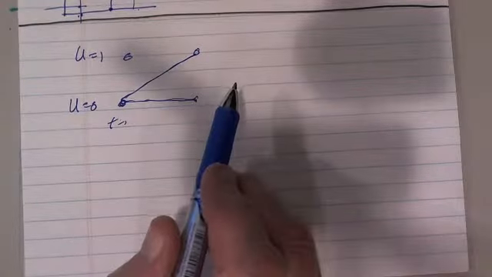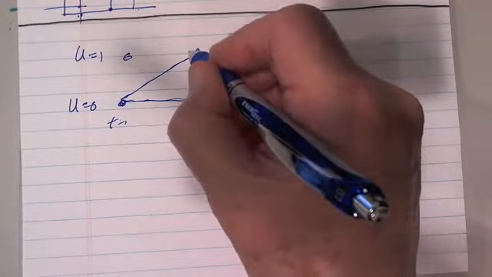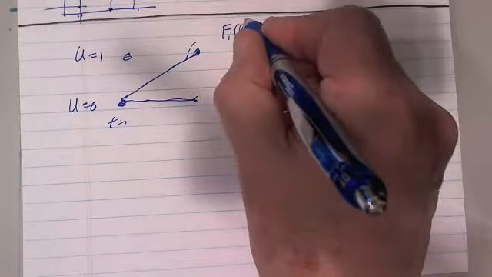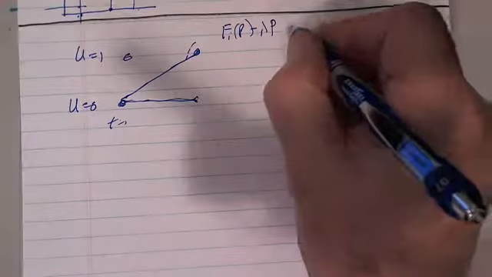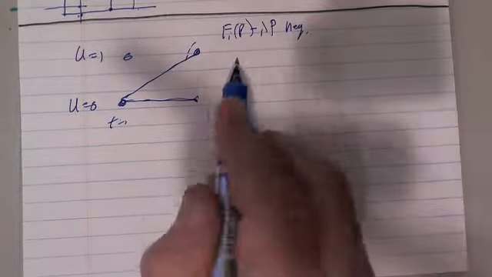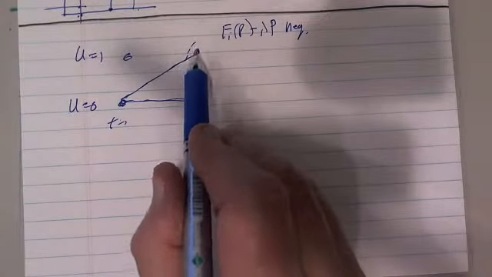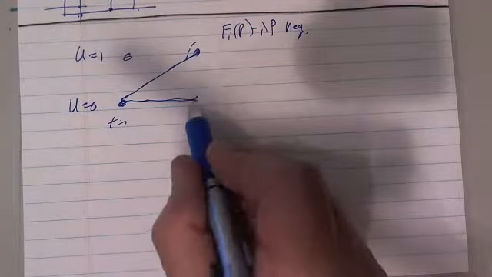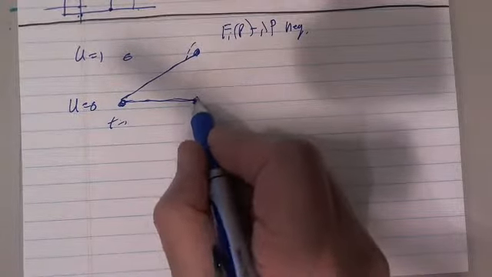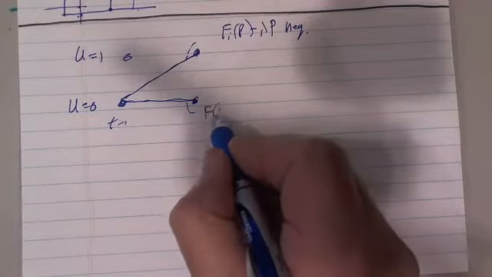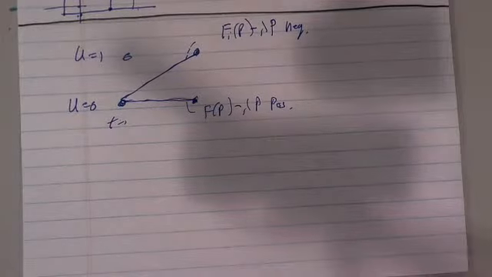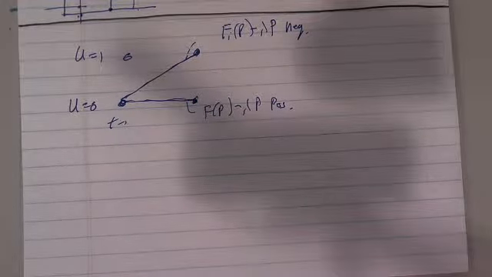Here's u equals 0, u equals 1. If it goes up here, then f i of p minus lambda p is negative. That means I'm adding up something that's negative, reducing the overall function. If it's positive, then it'll stay down here at 0.